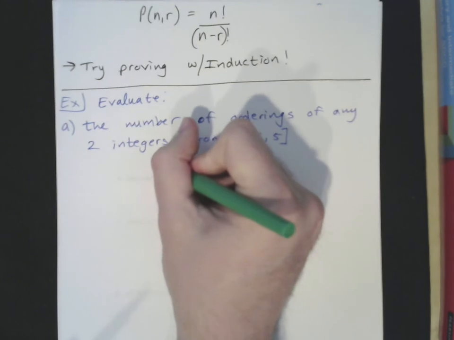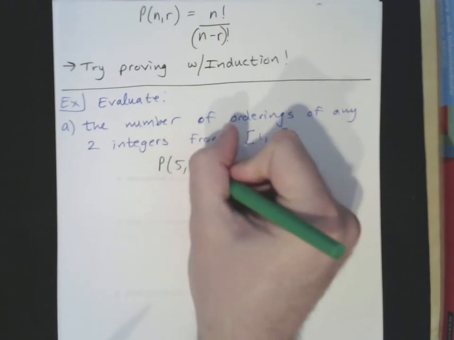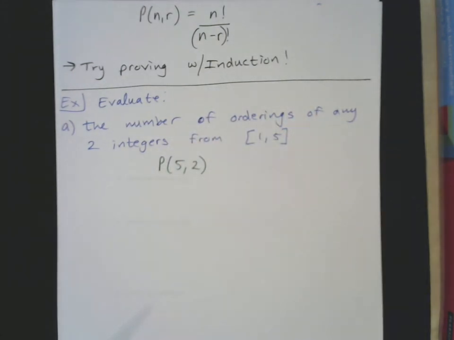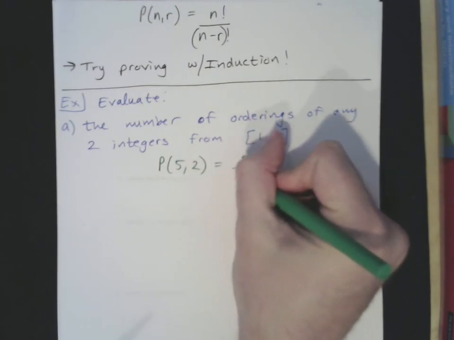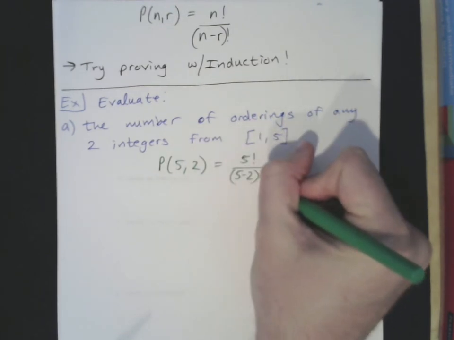So we are doing the permutations of 5 with 2 choices. And so our formula is just 5 factorial over 5 minus 2 factorial.